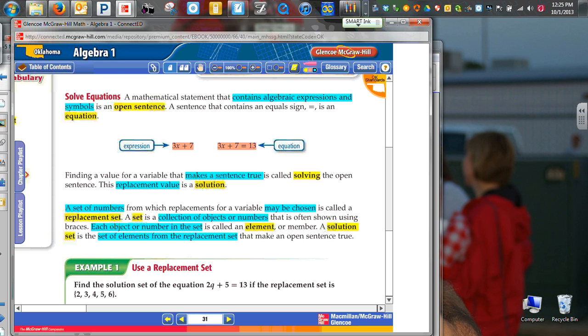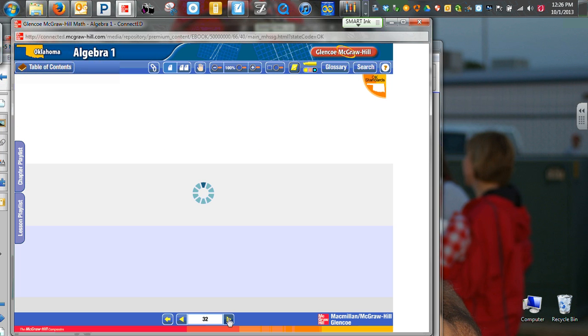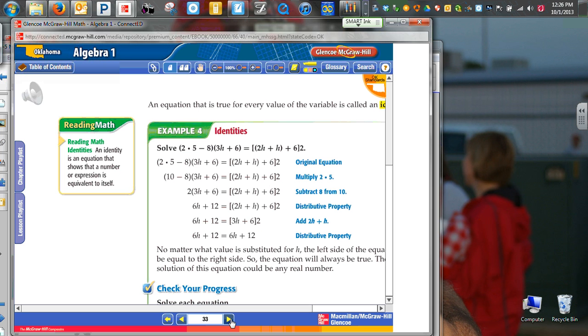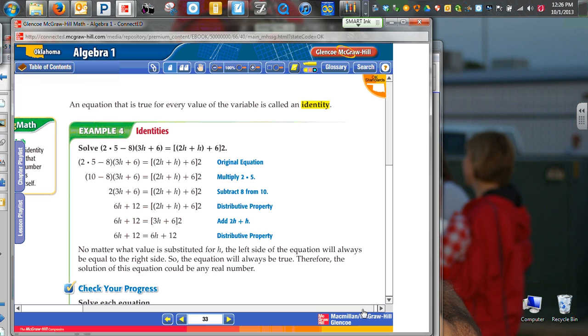Page, what page? 33. Is there any on the same page? No. At the top, there you go. You can put on that one an equation that is true for every value.